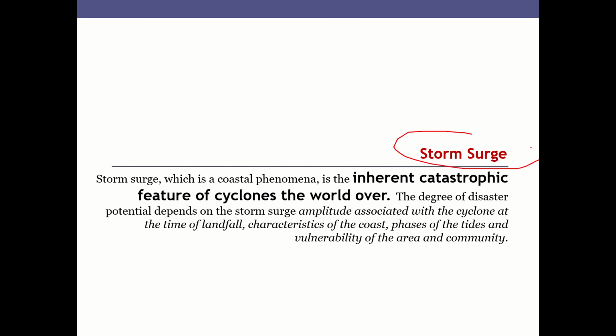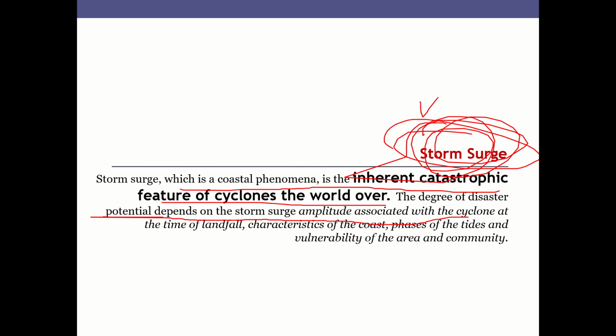And like I said, storm surge is one of the most important things that will have a major impact because of the cyclone. Storm surge, which is a coastal phenomenon, is an inherent catastrophic feature of cyclones the world over. The degree of disaster potential depends on the intensity of the cyclone and its storm surge.